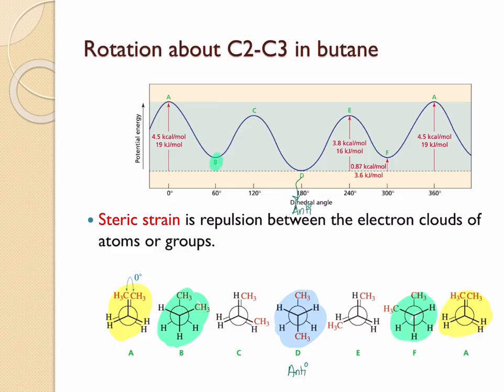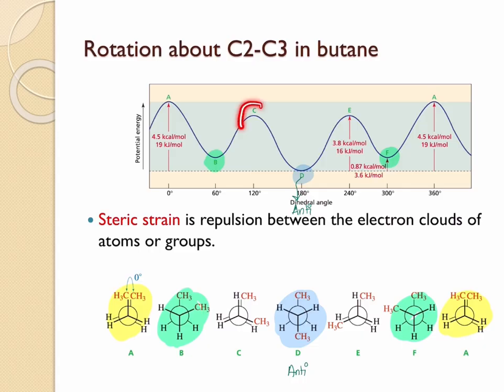And here is B and F. This one right here is D. And then the remaining ones that we have here are C and E. Both are eclipsed. Eclipsed are generally going to have higher energy compared to the staggered, because you can see all these staggered conformations are at the bottom, whereas the eclipsed conformations are on the top.